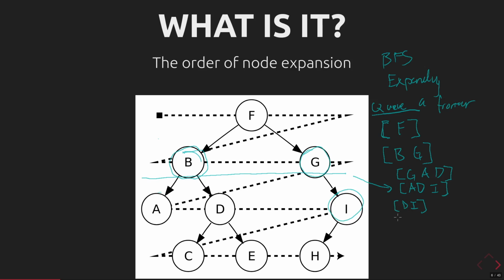And then we pop off D, right? So we have I in the queue now. But now we look at the children, we see that there's C and there's also E. Right?